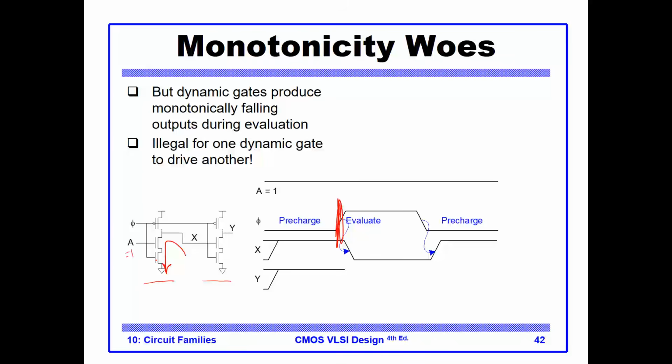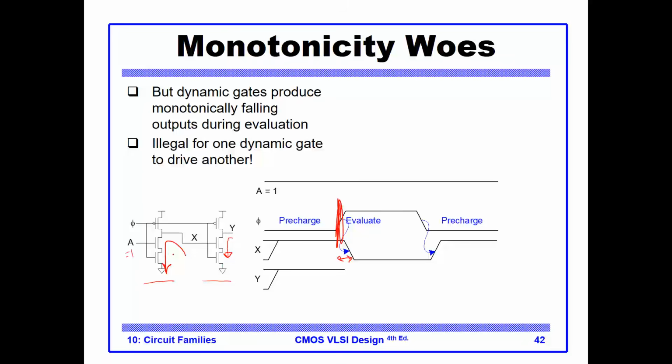Therefore, during this discharge, you will see at this small time here X is 1, and it was erroneously discharging Y. So Y here could fall off all the way to ground or halfway to VDD.